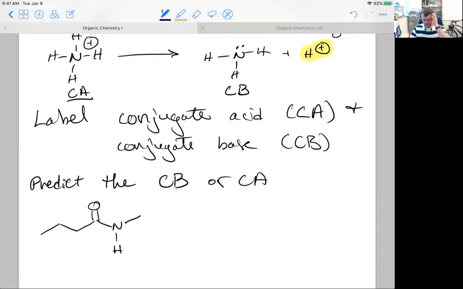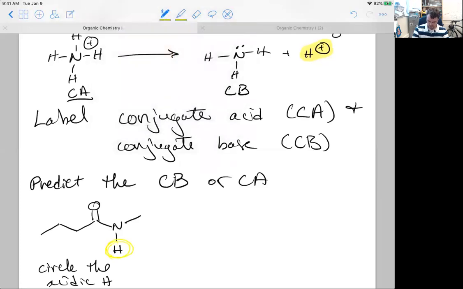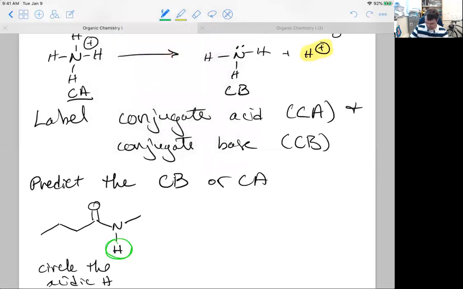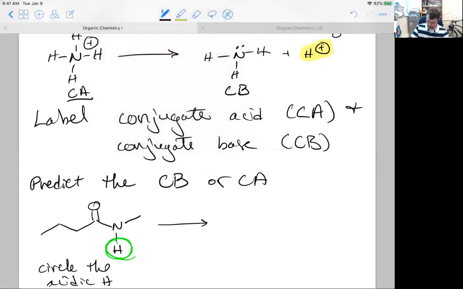Circle the acidic H atom. It's not very clear, so let's get a different color. For this structure, I'm going to draw a reaction where I lose that acidic hydrogen.